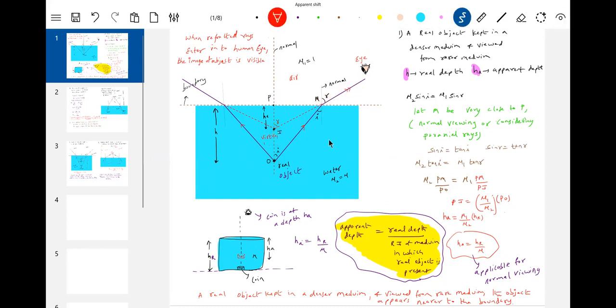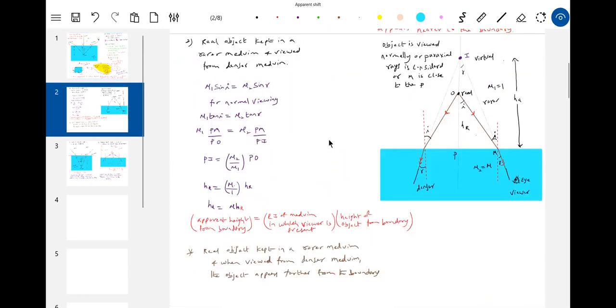If the refracted rays diverge from a point, the point of divergence will be a virtual image. Then object kept in a denser medium when viewed from rarer medium: this is rarer, this is denser. So the object will appear near to the boundary. That's why it's called apparent depth. HA will be less than HR.